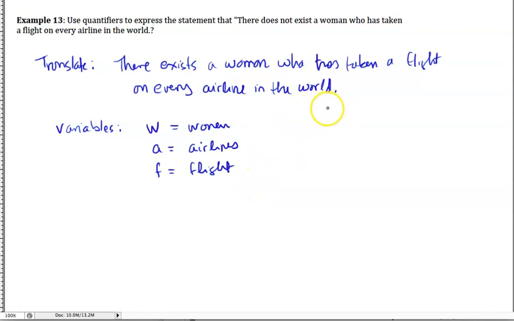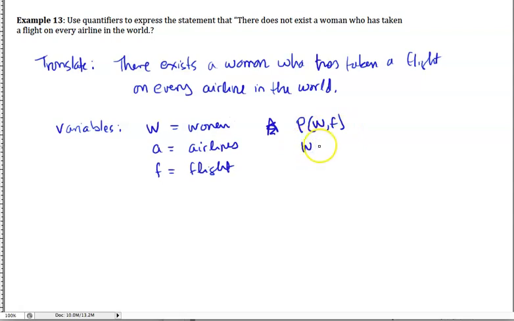All right, so we can also see that we're going to have some compound statements, because the woman takes flights, and the flights happen on airlines. So for example, I'm going to call P of W, F the statement that the woman has taken a particular flight.